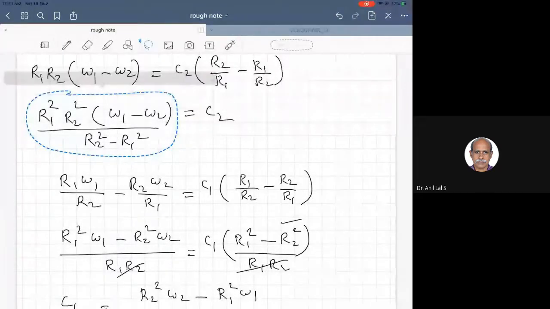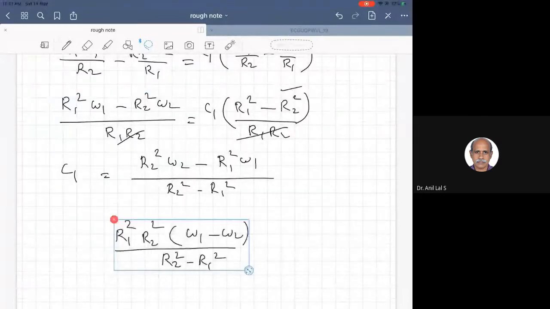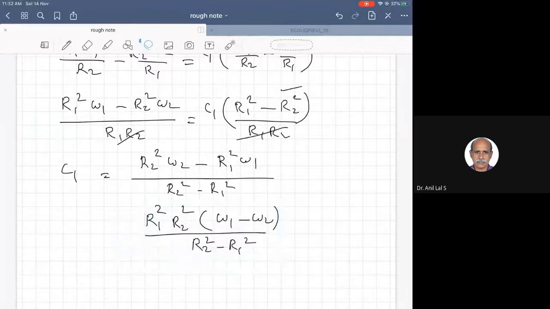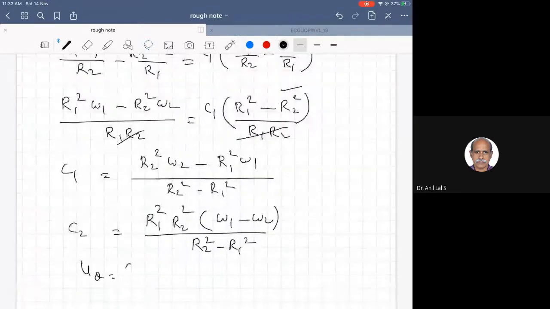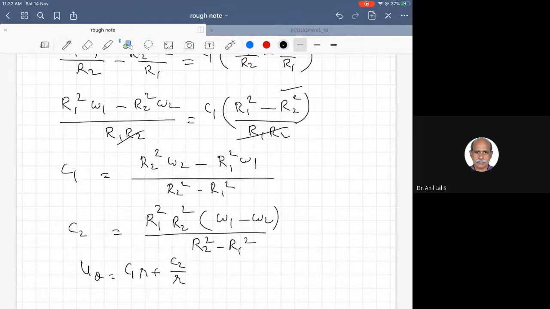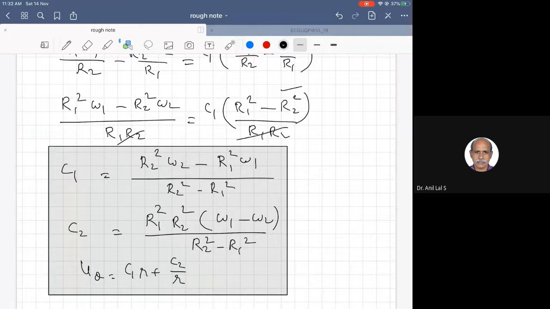And this is equal to C2, and our U theta is C1 R plus C2 by R. So this makes the entire solution to the flow in the annular gap between the two concentric cylinders.